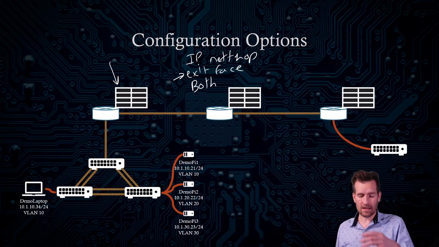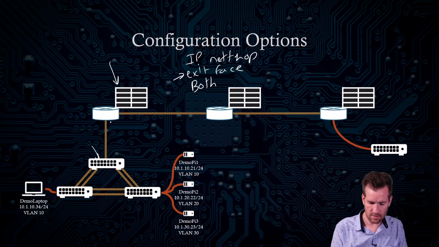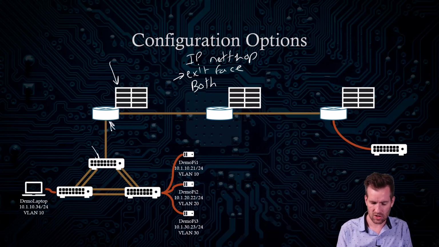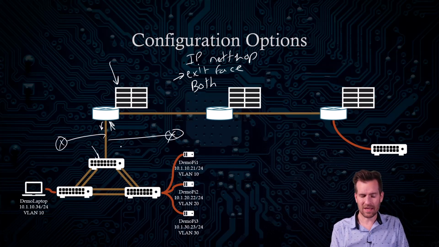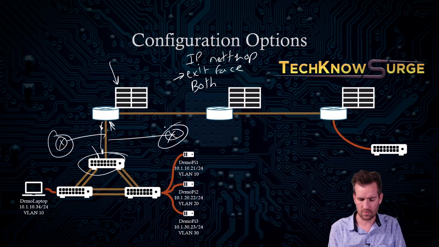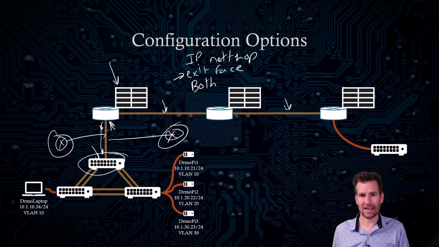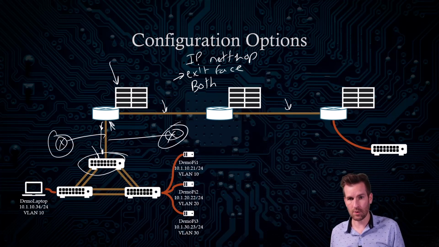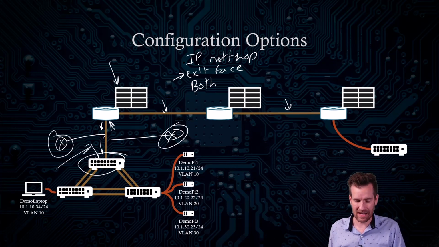If this is an Ethernet network, and let's say between this layer 3 switch and this router is a shared network, but we have maybe multiple routers hanging off of here, it can't just know the exit interface, because then what is it sending it to? Is it sending to this layer 3 switch, or this router over here, or this router over here? So the exit interface works fine on point-to-point networks like HDLC and the point-to-point protocol networks like these, but it doesn't necessarily work in a shared network like Ethernet.